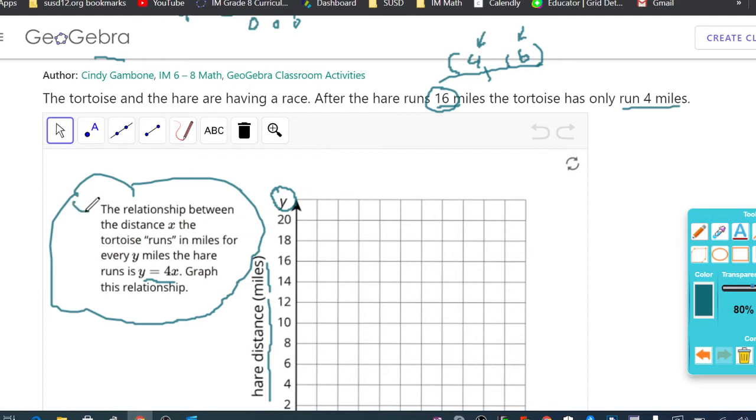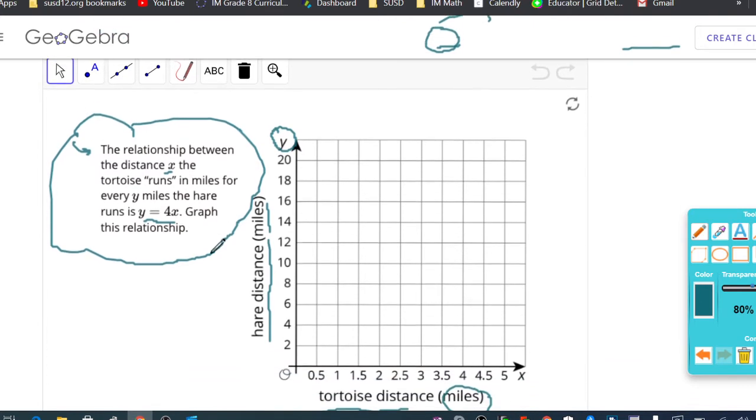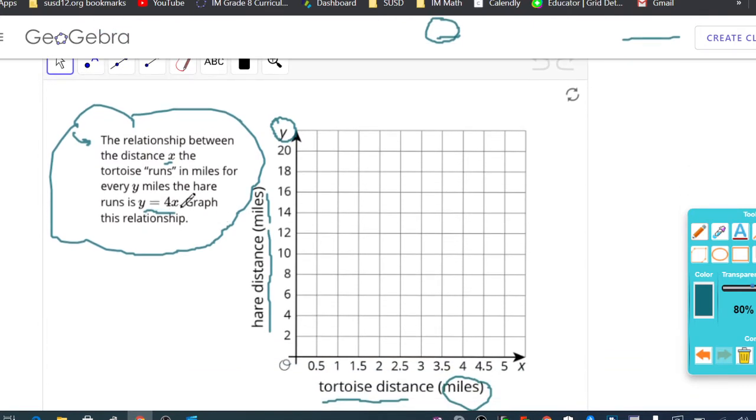Okay, here's some more information here. The relationship between the distance x the tortoise runs in miles for every y miles the hare runs is y equals 4x. Well, look at that. They gave us the equation of this proportional relationship. Now, we could just go straight to the graph if you know what it means.